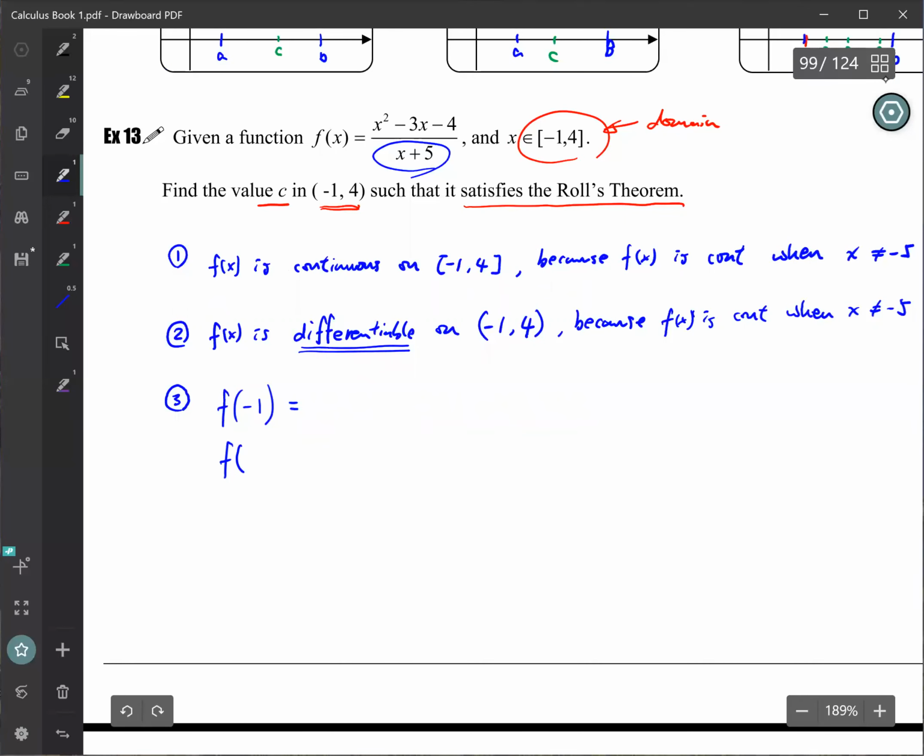Okay, so we don't know yet. We have to check. So we need to find out f of -1. We also need to check f of 4, see if they equal. Please plug them in. Sub the value into the function and let me know what you got. Raise your hand if you found the value. I hope they are the same, otherwise we cannot apply the Rolle's theorem.